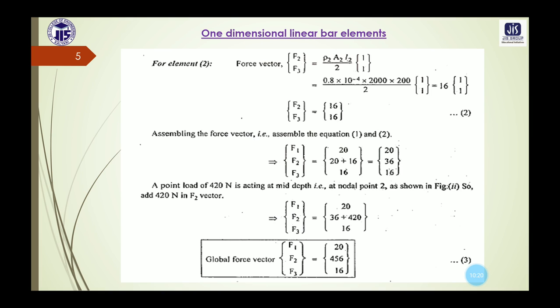So the global force vector finally will be a column matrix of 20, 456 and 16. So this is the procedure to calculate the global force vector, which is our equation number 3.